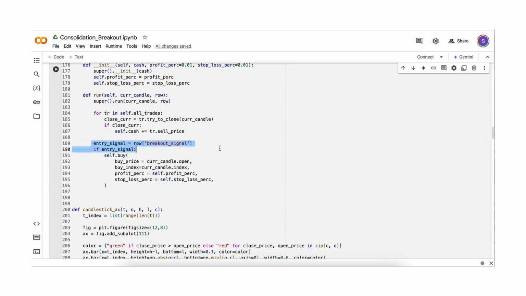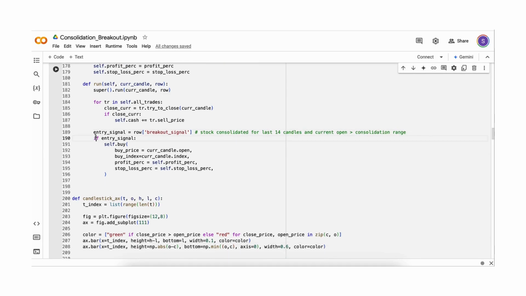If the breakout signal is true, which basically means a couple of things, it means that the stock consolidated for the last 14 candles and the current open is above the consolidation range. If that happens and we have enough cash, we are going to buy.